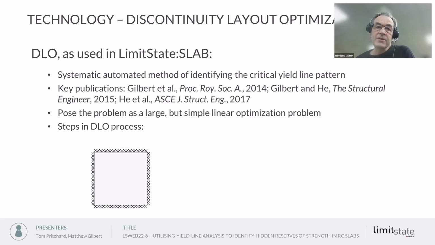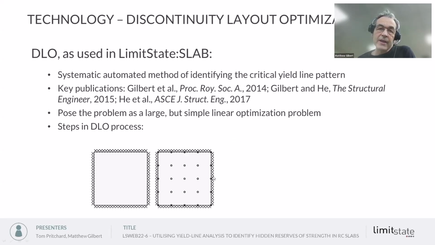And what we are able to do with that method is pose the problem as a large scale but simple to solve linear optimization problem. And so thinking about a simple square slab with fixed supports, first thing we do with DLO is populate the domain or the slab with nodes.